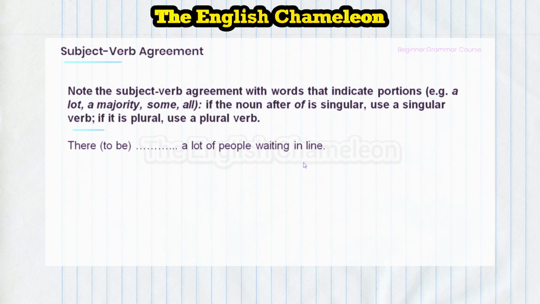Now have a look at the following sentence and fill in the blank using the appropriate form of the verb. There ___ to be a lot of people waiting in line. There are a lot of people waiting in line.